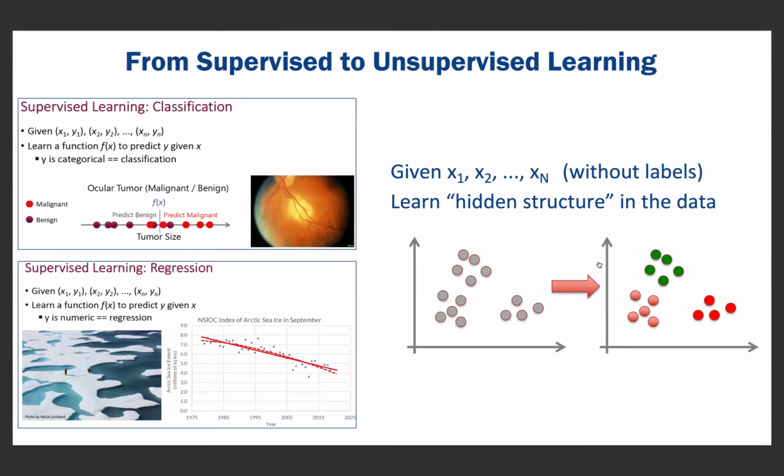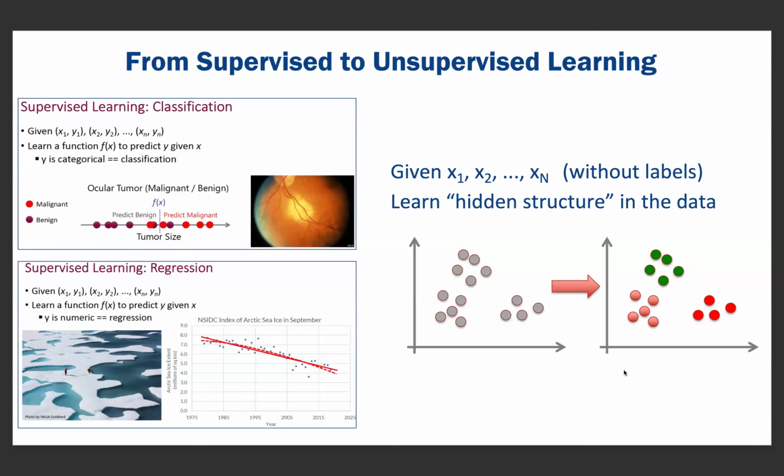Because now we're going to unsupervised learning. Okay. So let's speak a little bit about unsupervised learning, because it's also a very powerful and useful tool. We were speaking about classification and regression.